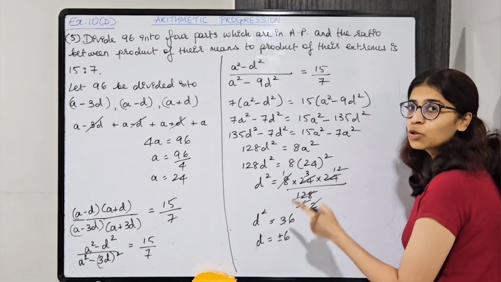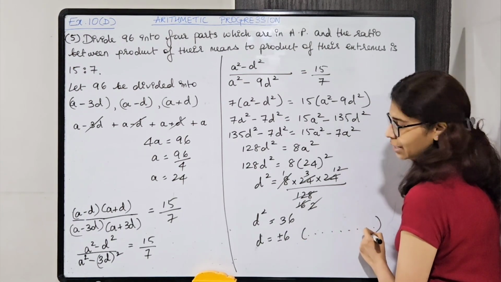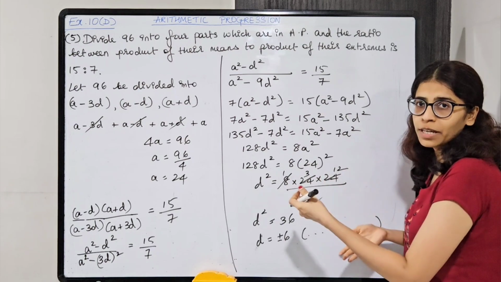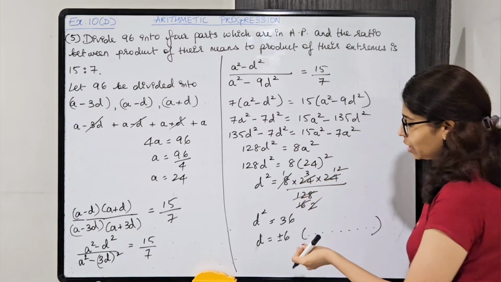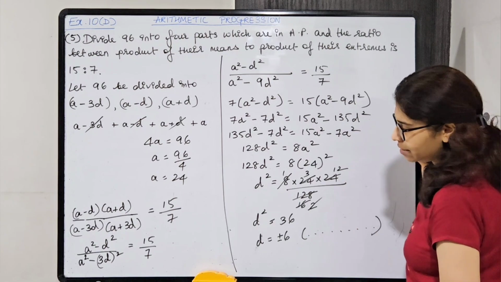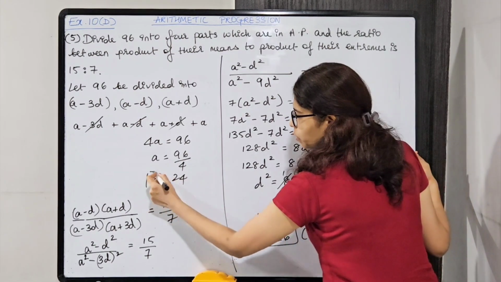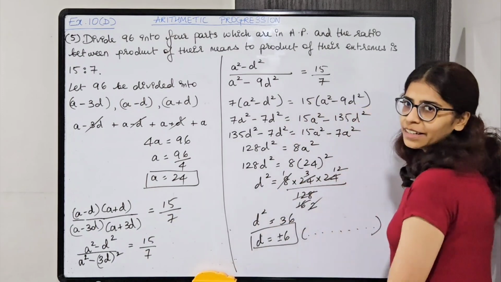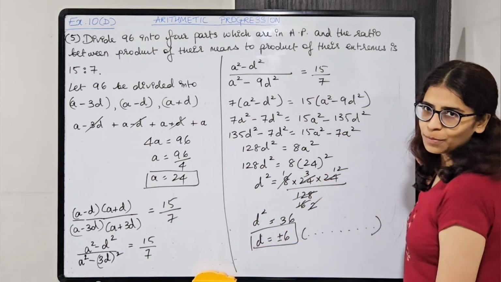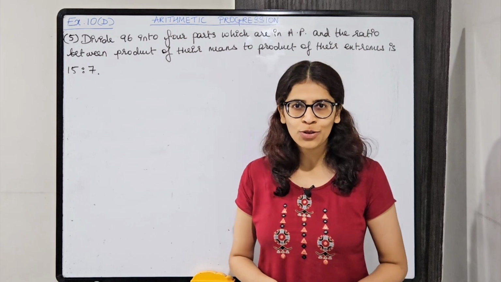For this step you have to give the reason. Taking square root on both the sides. So whenever you are squaring or cubing or taking square root or cube root, you have to give reason. Okay, taking square root on both the sides. d का value मिल गया, a का भी value मिल गया. Let us find out the 4 parts. Okay, here we'll get 2 APs since there are 2 possible values of d.